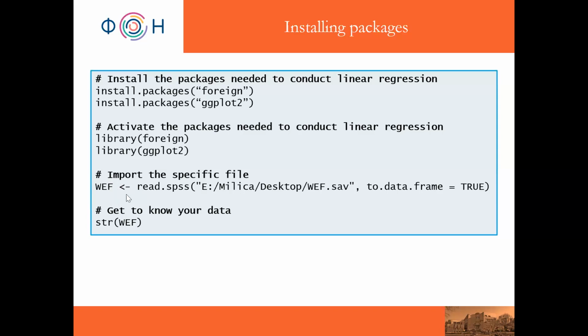The next point is the assignment sign. The function which we will be using is read.spss. This function will allow us to read an SPSS file. Within brackets, the first parameter we need to insert is the path to where our data is located and saved. This is the part which is going to differ for each and every one of you.